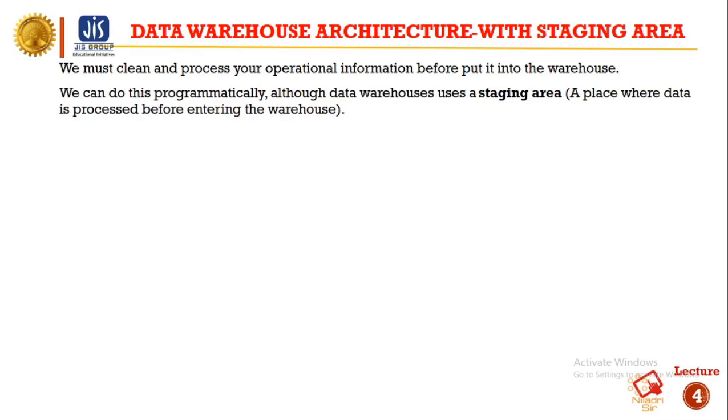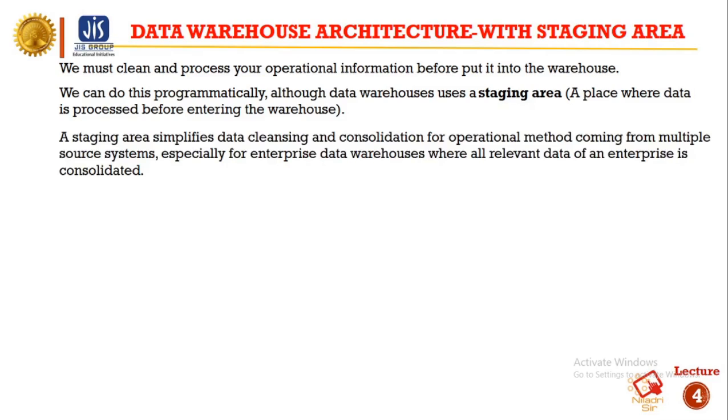We can do this programmatically, although data warehouses use a staging area. Staging area means a place where data is processed before entering into the warehouse. A staging area simplifies data cleansing and consolidation for operational methods coming from multiple source systems, especially for enterprise data warehouses, where all relevant data of an enterprise is consolidated.